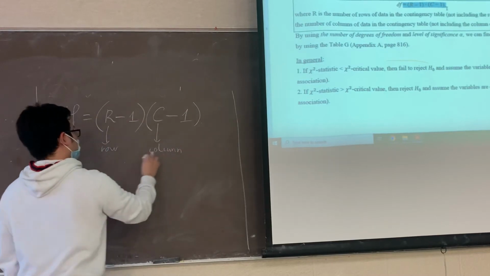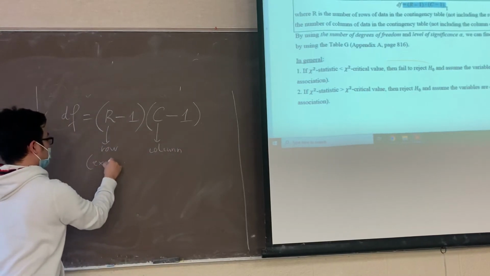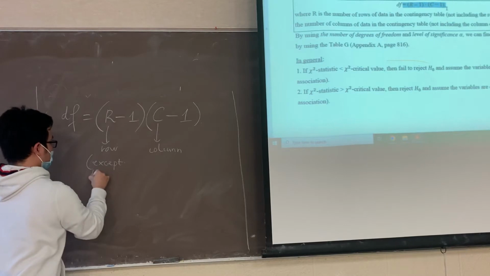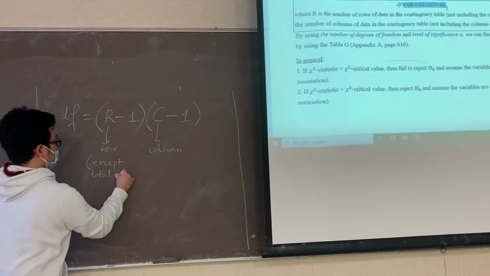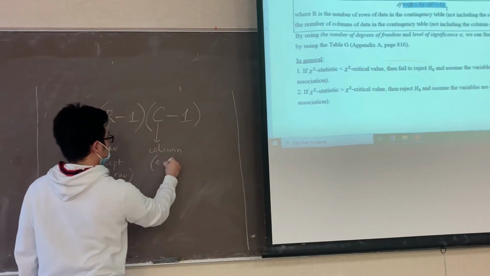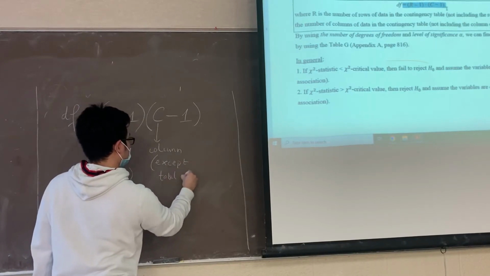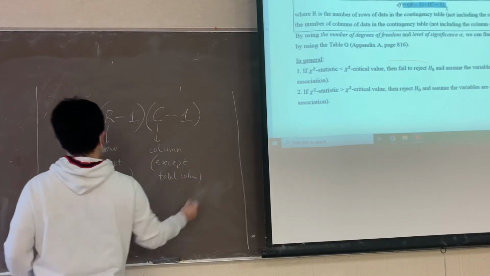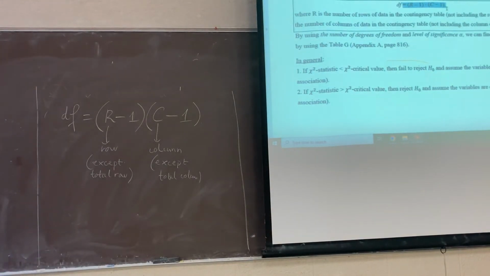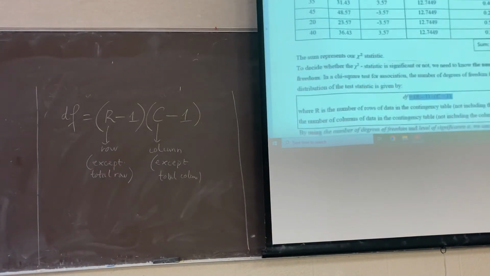This is the rows, this is the columns, but excluding the total row and the total column. What does it mean? We look at table 1 here.